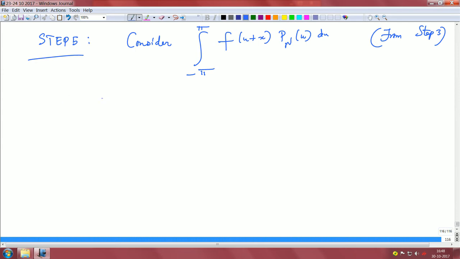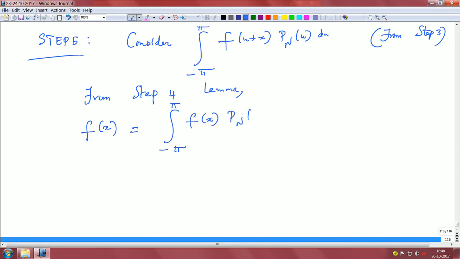From the previous lemma, step 4 lemma, I can write f of x is integral minus pi to plus pi f of x Pn of u du.